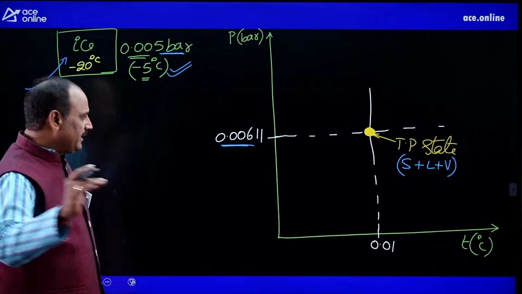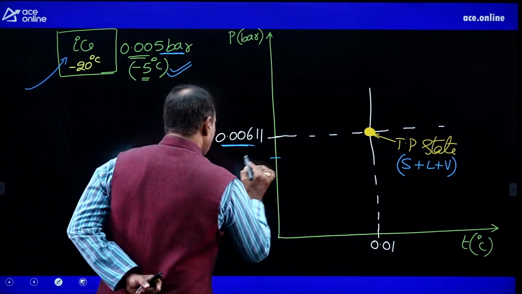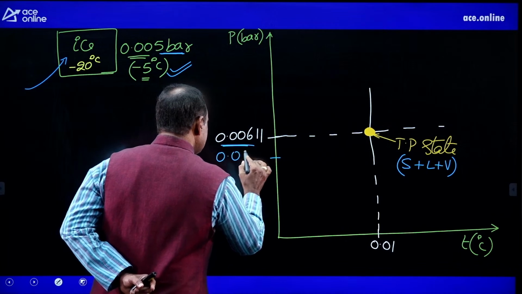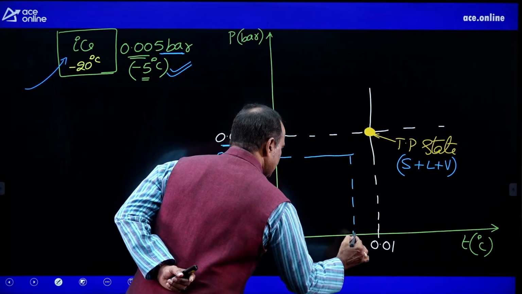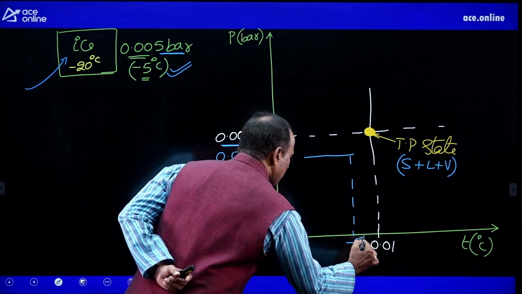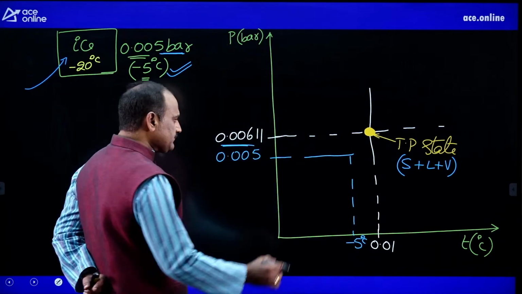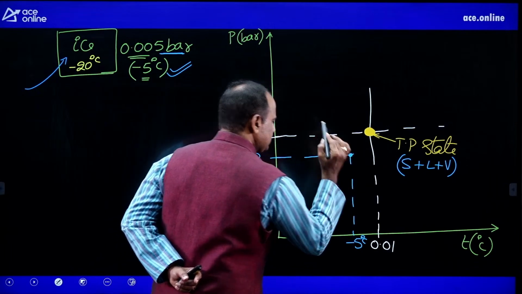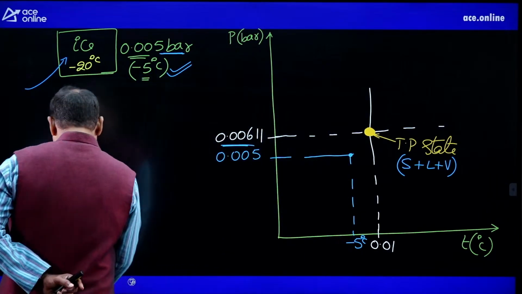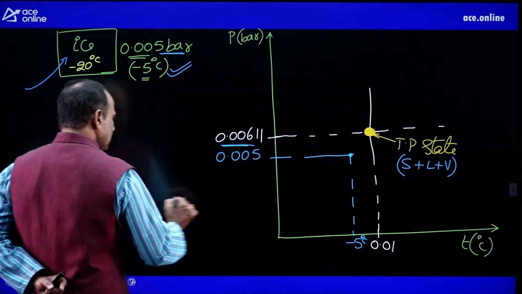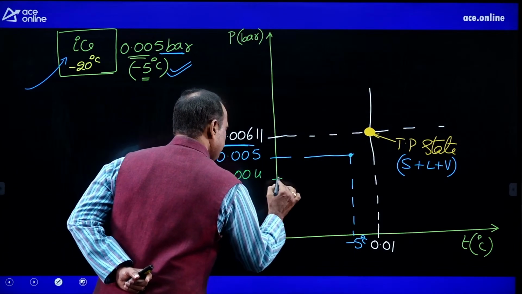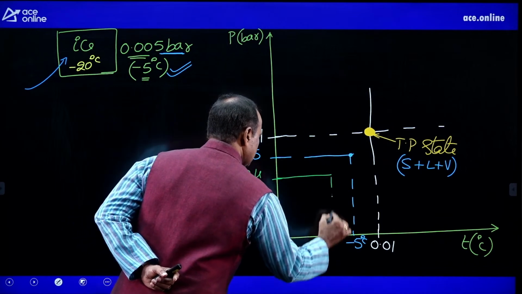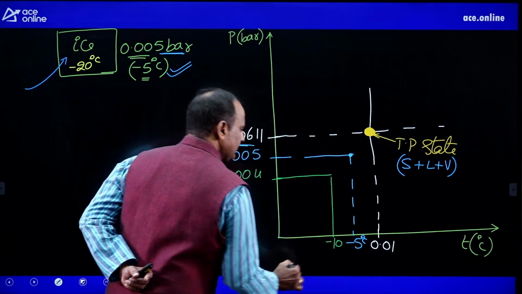Got that point? It means corresponding to 0.005 bar, there is a saturation temperature, approximately minus 5 degrees centigrade. So this is the sublimation state. Similarly, corresponding to 0.004 bar there is a saturation temperature, which may be minus 10 degrees centigrade.